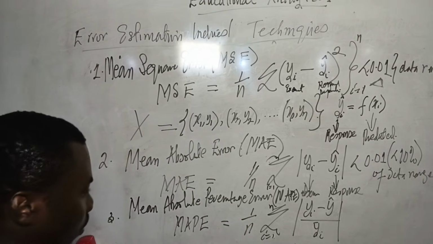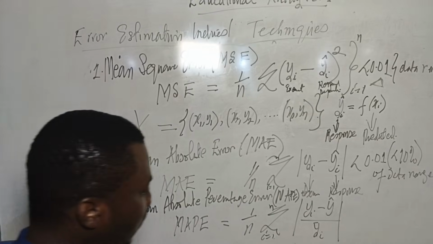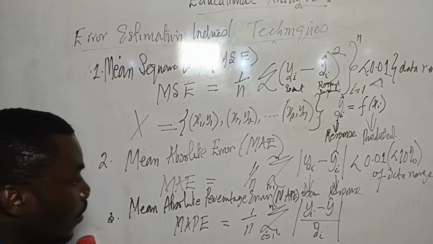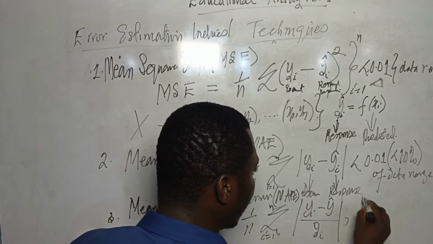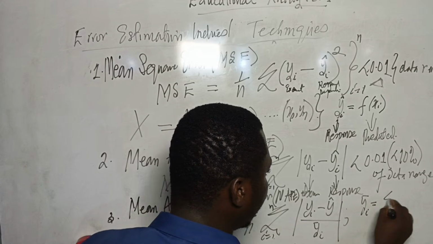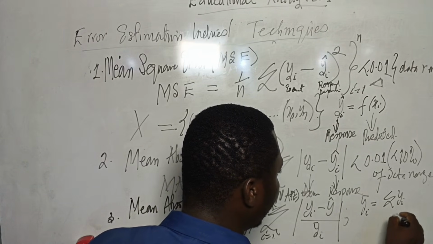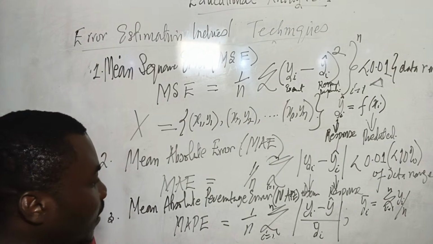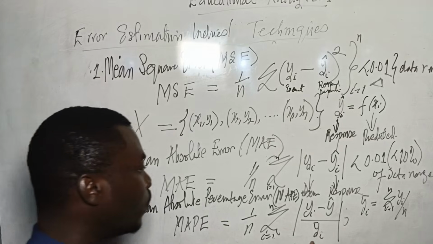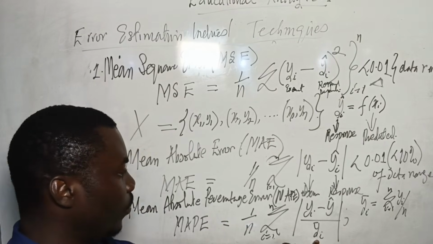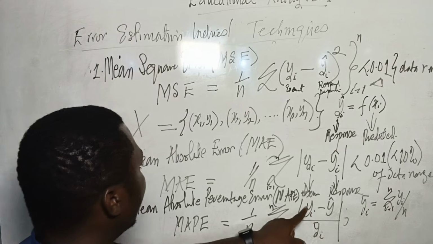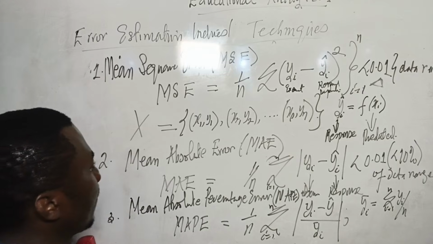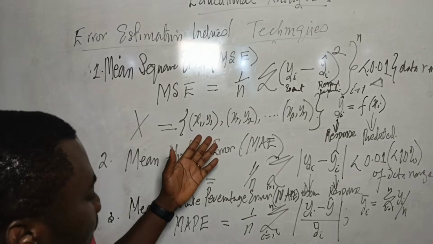That is the approximation for the mean absolute percentage error. Now note that this is y bar, and that y bar can be given as the average of the observed data set. It's a better approximation of the observed, but some people don't use the average of the observed data set, because they are dependent variables.